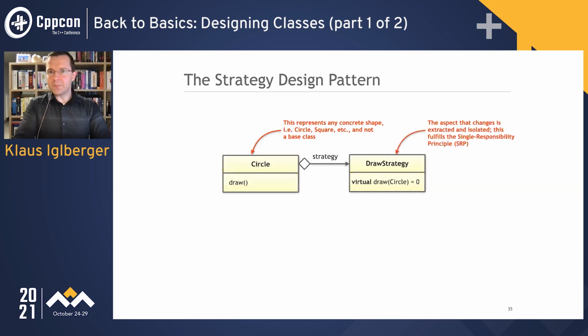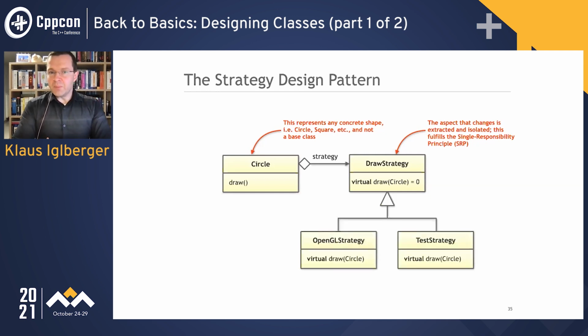But most importantly, the thing that changes is extracted. That, as an aspect, is isolated such that I can now change things easily in one place, even test very easily. Because then I can implement this draw strategy in various forms: by means of OpenGL, Metal, 3DX, your favorite graphics library, I can use any kind of implementation.